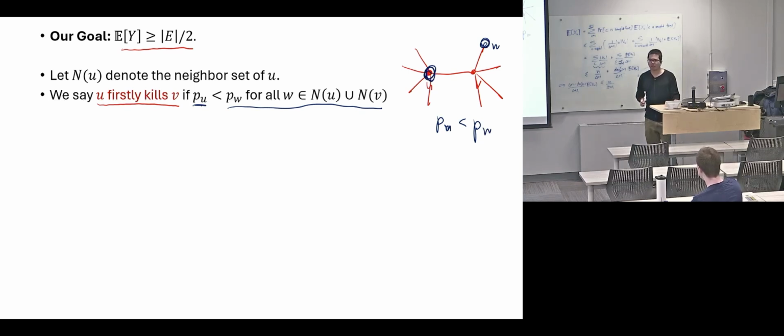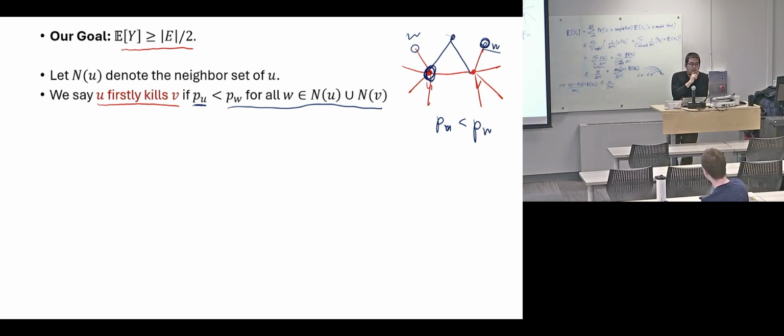With me on the definition? Question: but w can be a neighbor of either u or v, right? Yes, w could be like this too, or w here or w here. What's the case when w is just a neighbor of u and not v?